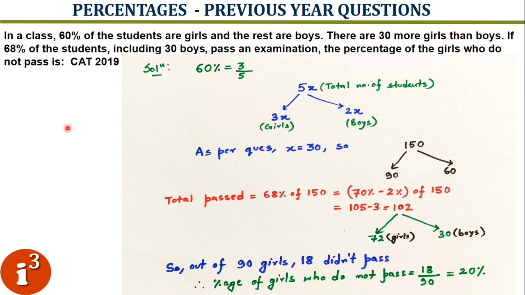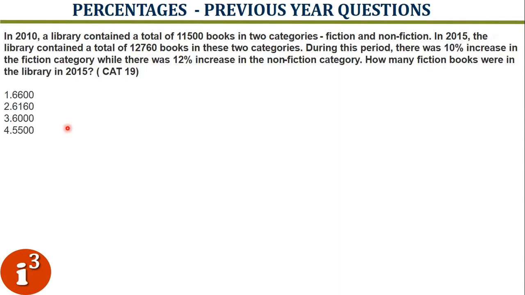Okay. Now next question. This is also a problem of CAT 2019. In 2010, a library contained a total of 11,500 books in two categories, fiction and non-fiction. In 2015, the library contained a total of 12,760 books in these two categories. So there were 11,500 books in the year 2010, and the number increased from 11,500 to 12,760.